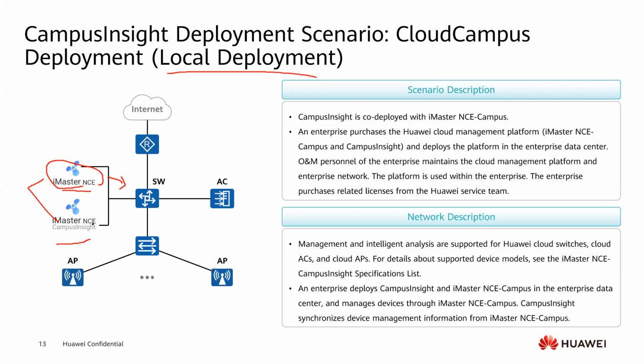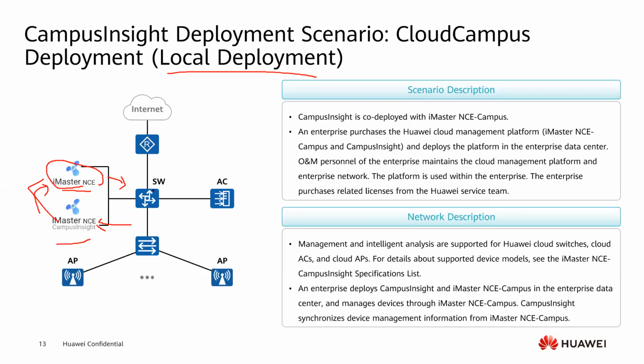The CampusInsight is based on telemetry to collect the information of the network, and then it will analyze the network status. If it needs to do some optimization, it will tell the controller, and then the controller will do the deployment.